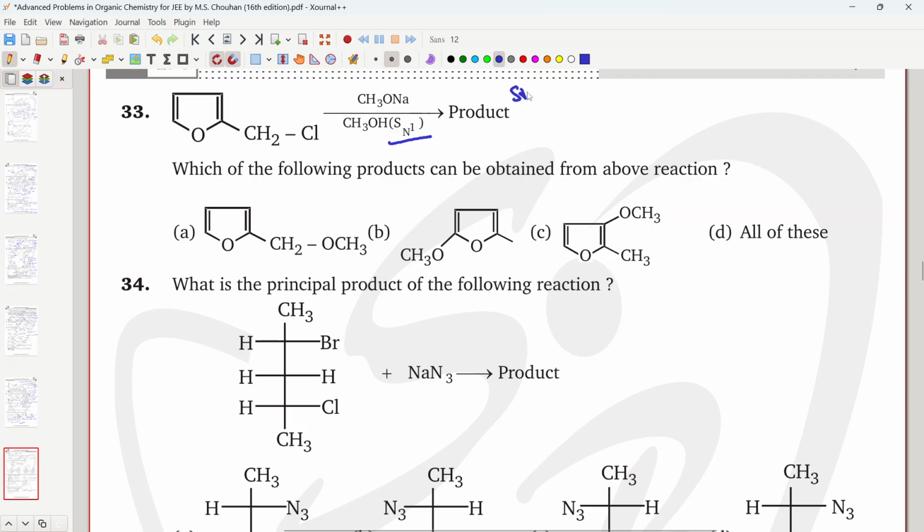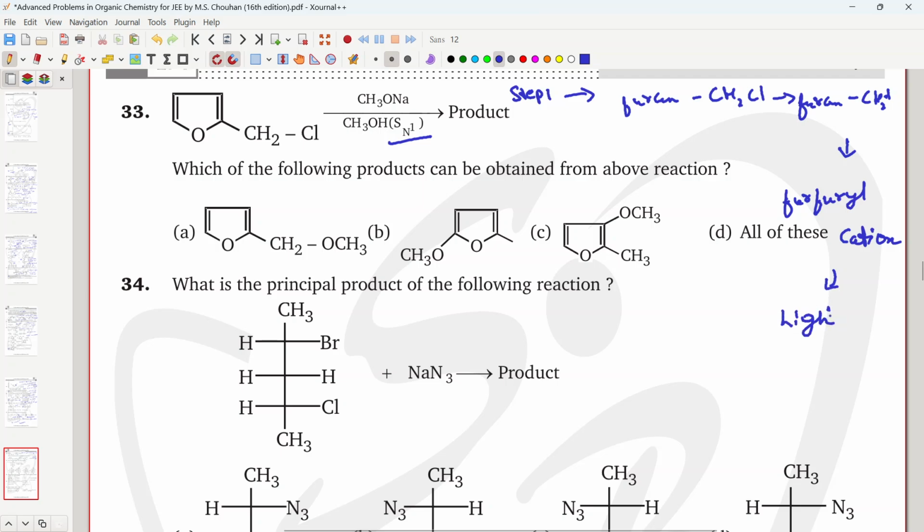So, step 1, formation of the furfuryl carbocation. So, furan CH2Cl gives furan CH2 plus. This is a furfuryl cation, which is highly resonance stabilized.